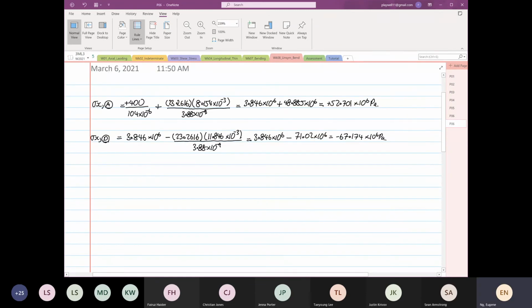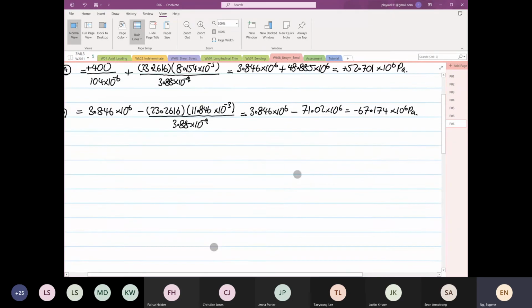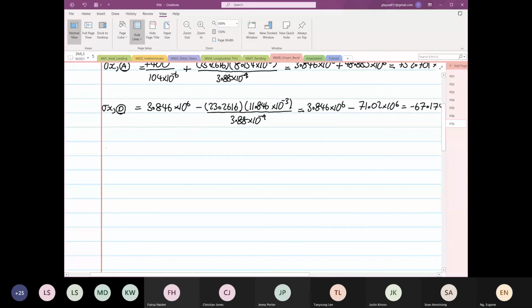Before, let's see what the question wants us to do. The question wants us to find the position of the neutral axis.